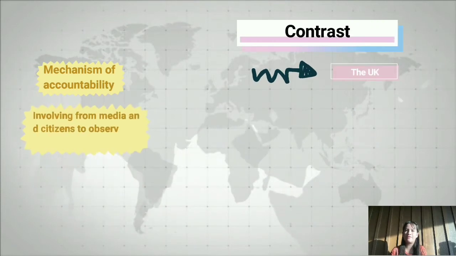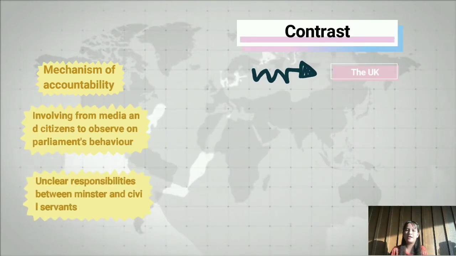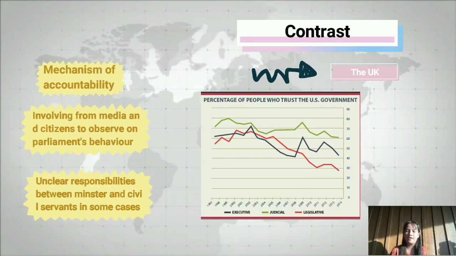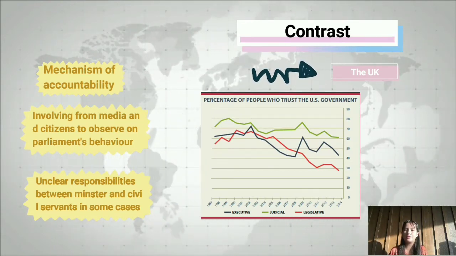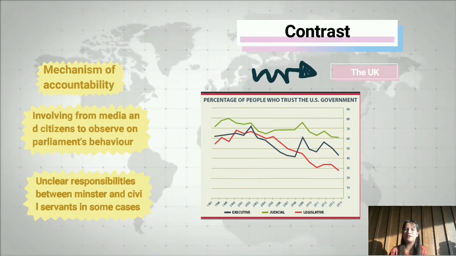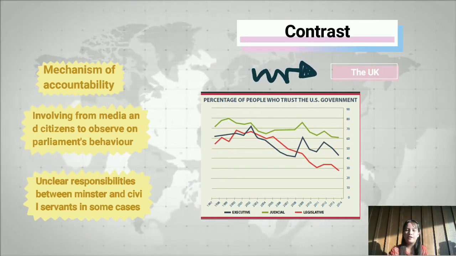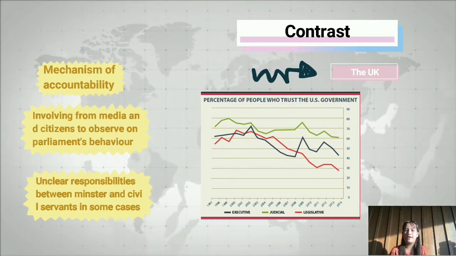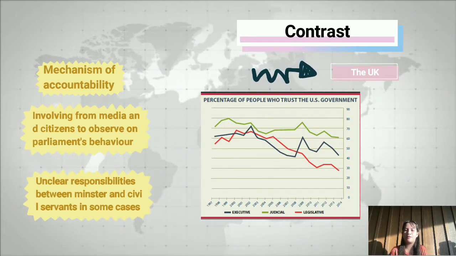Regarding government responsibility in the United Kingdom, we can see that the Prime Minister can hire and fire ministers at will, and this power is a mechanism of accountability for ministers, because the Prime Minister hires them based on their performance. There are also several online databases that complement the parliamentary website and provide information about members of parliament and their behavior.